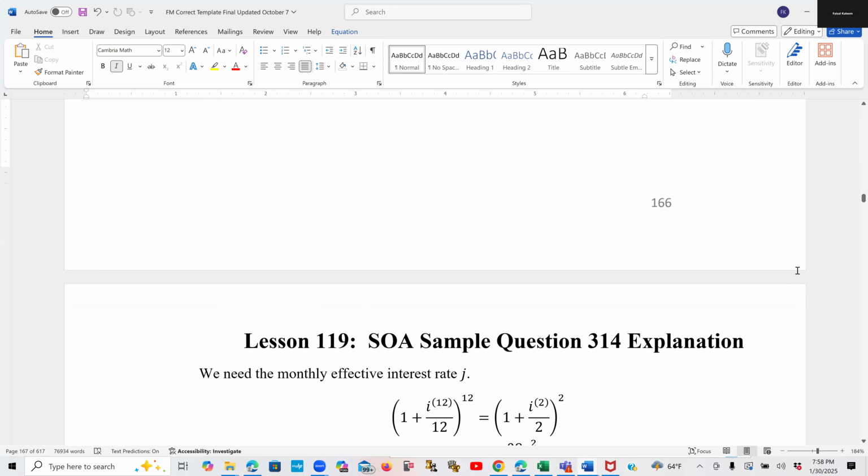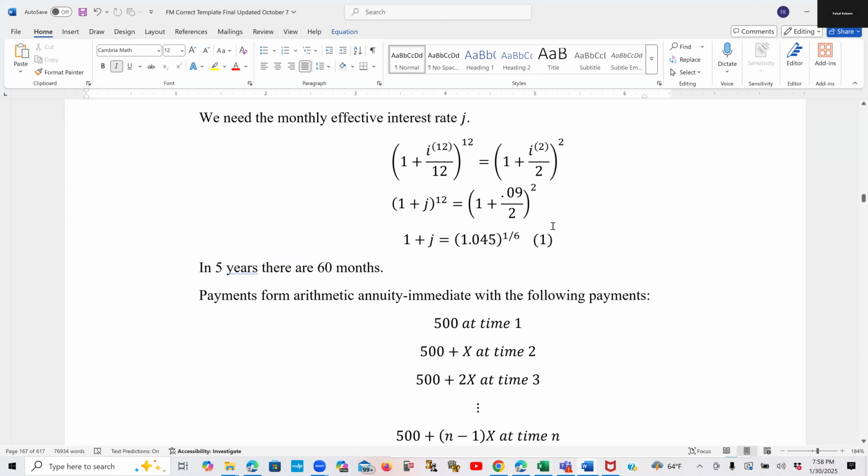So the first thing would be to find the monthly effective rate because we have monthly payments. So (1 + i^(12)/12)^12 = (1 + i^(2)/2)^2. And we write this thing on the right hand side because we are given the semi-annual nominal rate, which is i^(2).